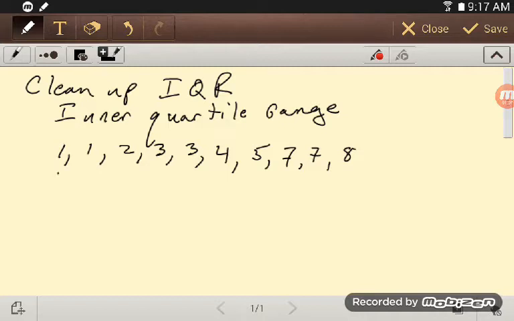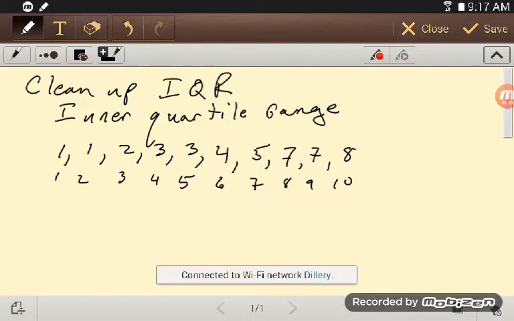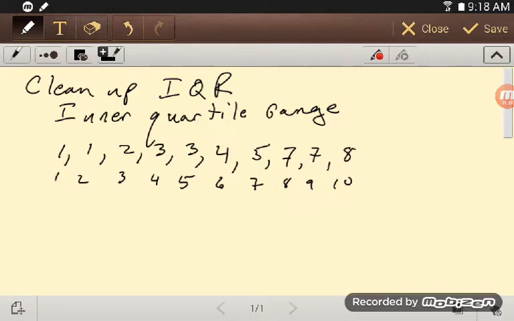Okay, so in this case we have 10 numbers. So I'll try not to screw this part up like I did before. So here's the order of my numbers and their rank within the data set. And since there are 2 numbers that we need to take into account, we split our data set.